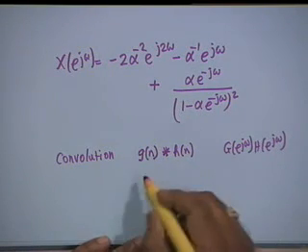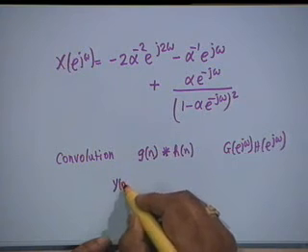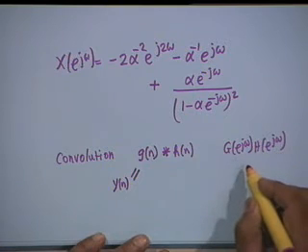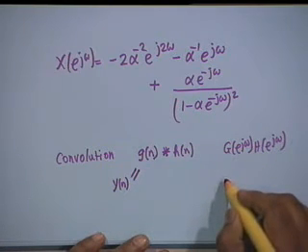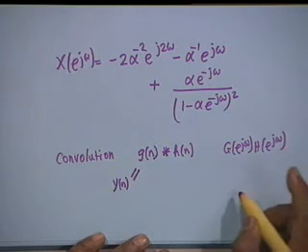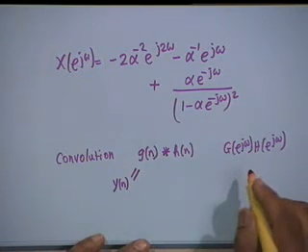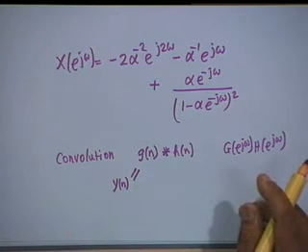And if you want to find out y of n, which is equal to g of n star h of n, then all that you have to do is multiply this and then find the Fourier inverse, and that inversion may not require evaluating an integral.